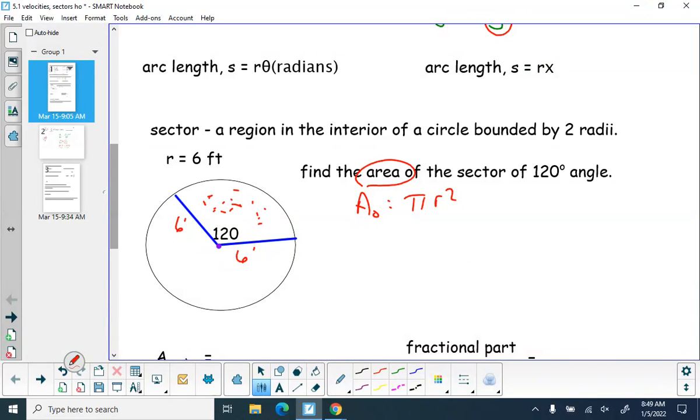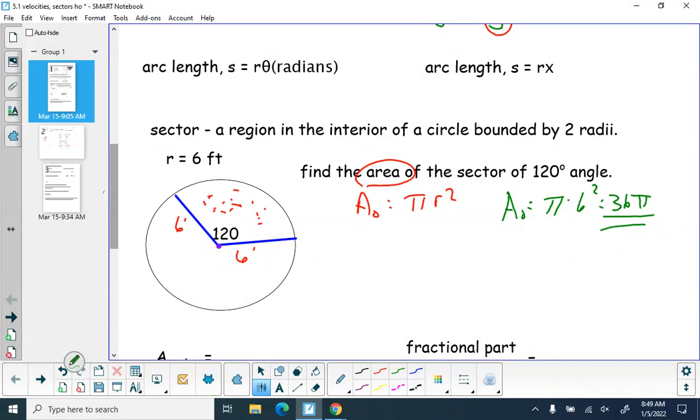So if I took a look at the entire area of this circle, my radius is 6 feet. So in terms of pi, I have pi times 6 squared, pi r squared, or 36 pi. That's the area of the entire circle.